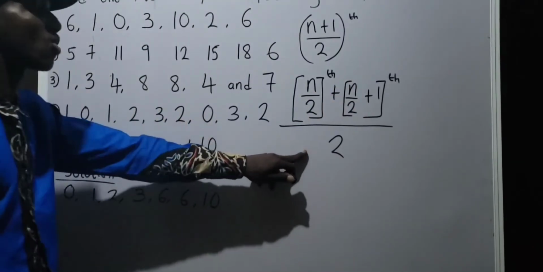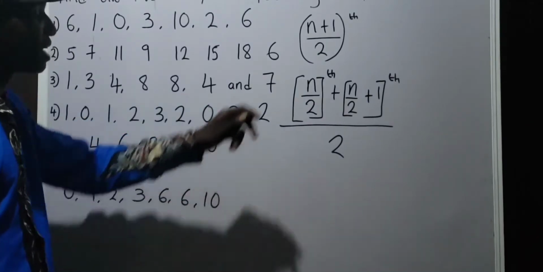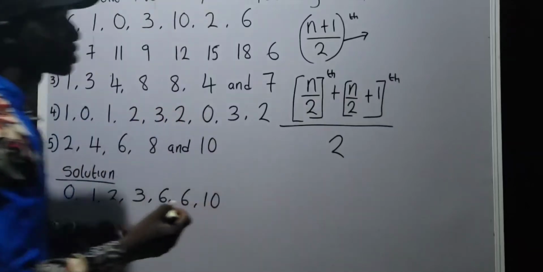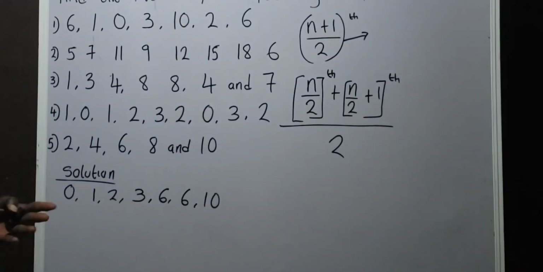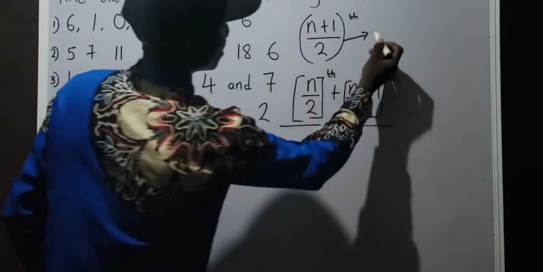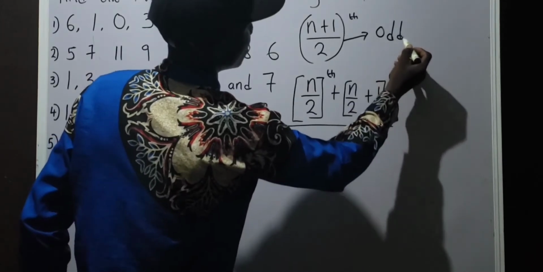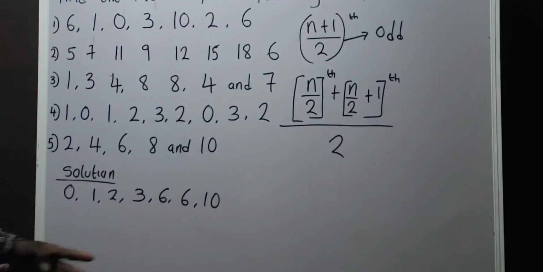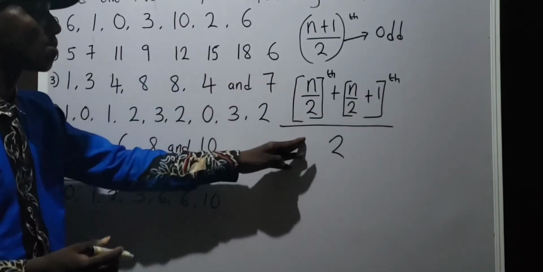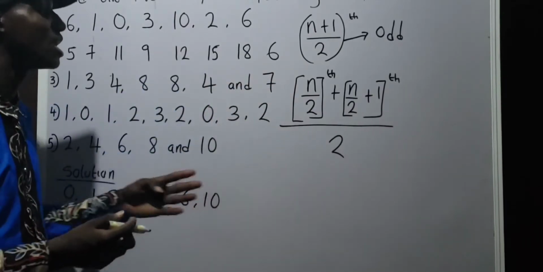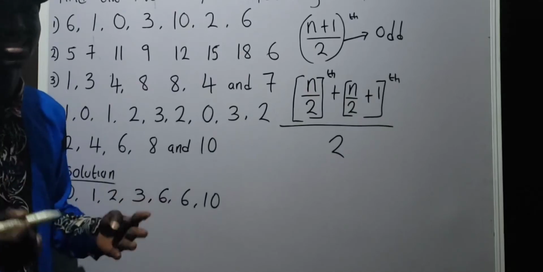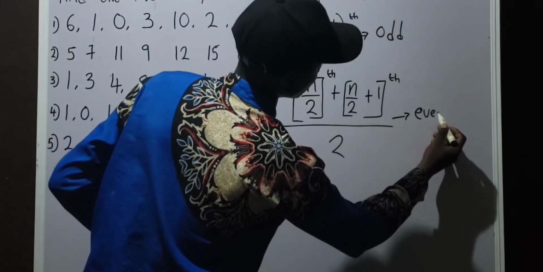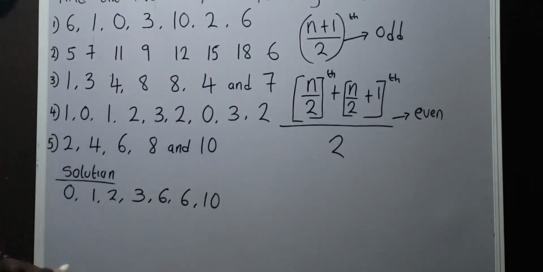This first formula is used when the total number of elements in our data set is odd. And the second formula is used when the total number of elements in our data set is even. You understand? Now let us proceed.